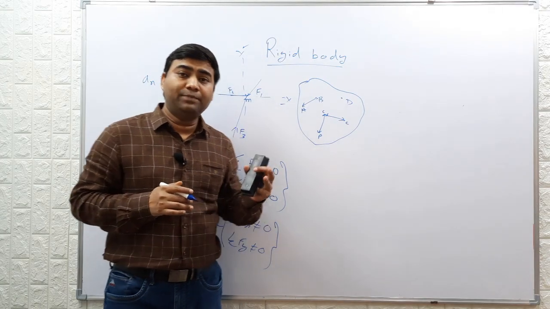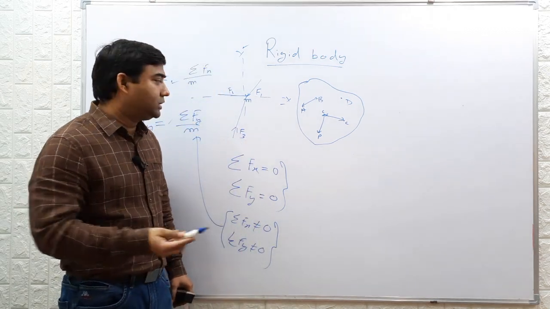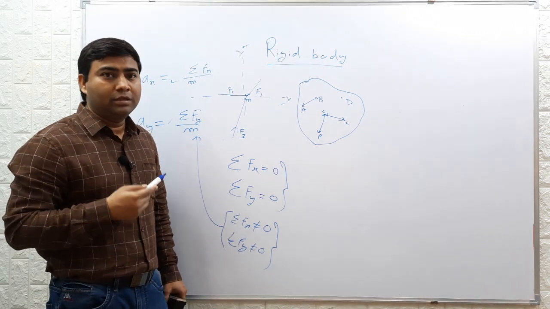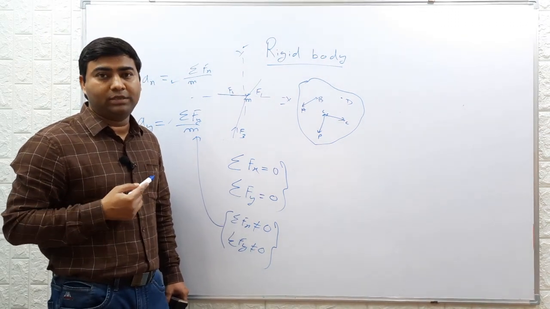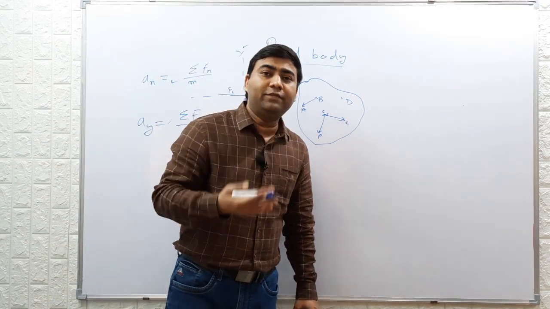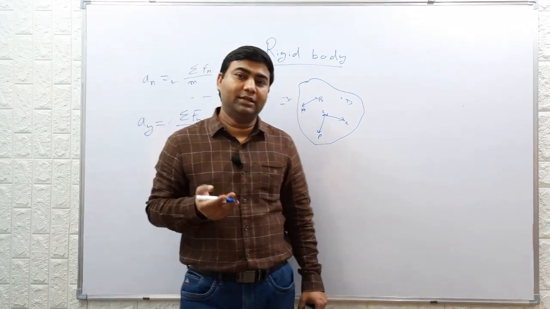We all know Newton proposed laws of motion, but those laws were for point masses. They were not for rigid bodies, for real objects. So these laws were modified by Euler.